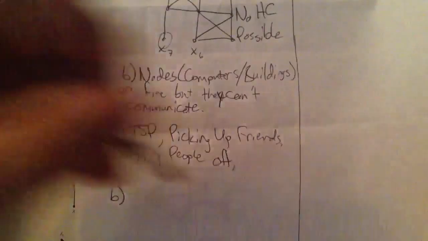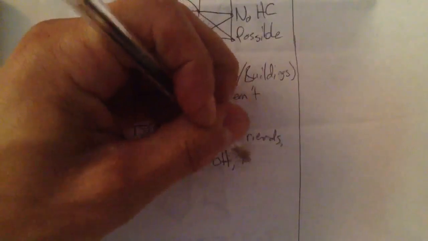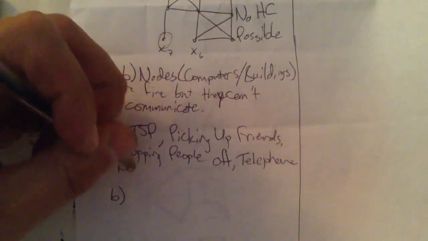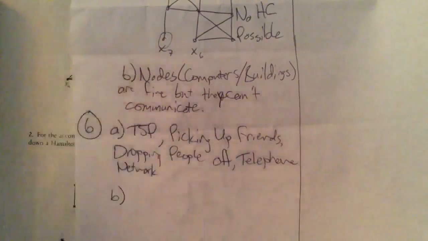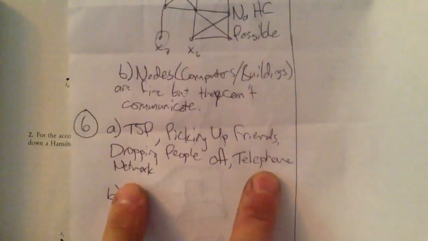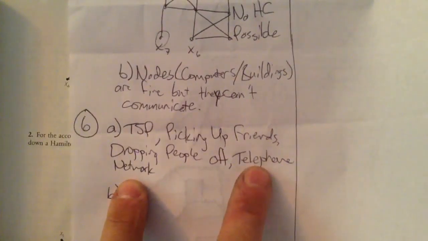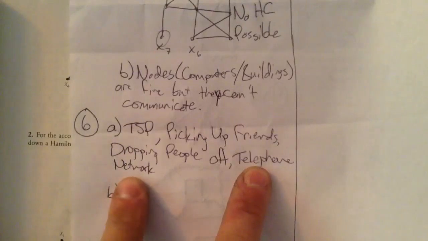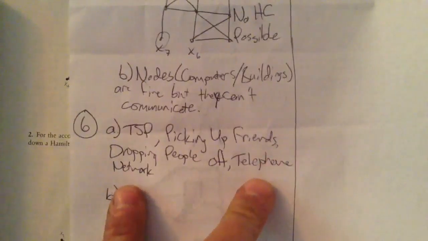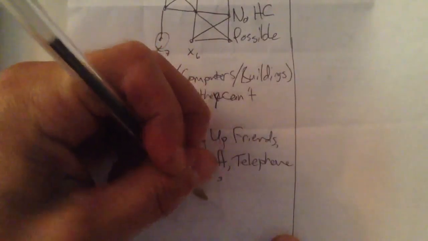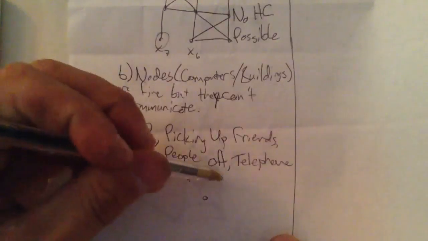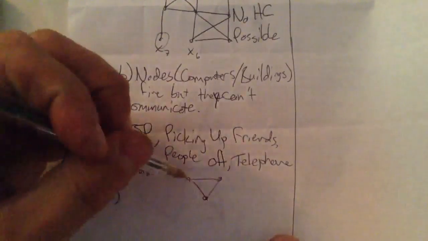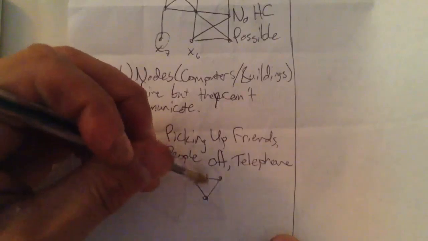Another one could be you're looking at a telephone network. What I mean is this is the telephone company actually looking to make sure all of the lines are connected. You as a consumer wouldn't care about the telephone network at all, but the company would be trying to make sure that everything is connected, because if they're looking at 3 different cities that they're going to be making calls between, maybe there are lots and lots of calls between this and that city.